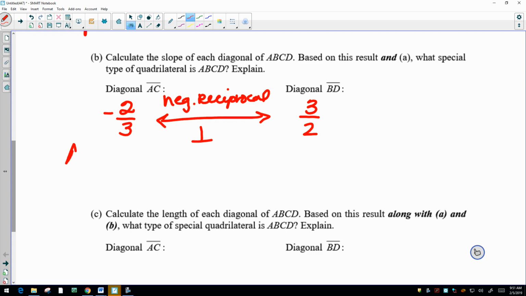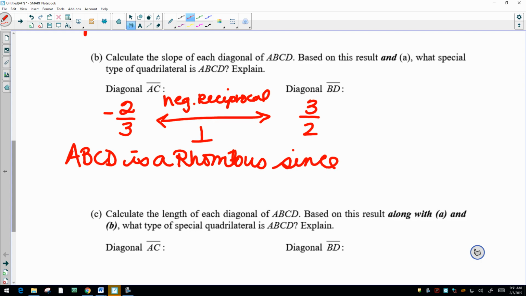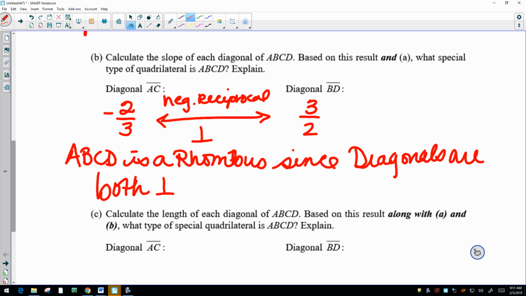So at this point, I could now make it a little bit more specialized and say ABCD is a rhombus since diagonals are both perpendicular and bisect each other.